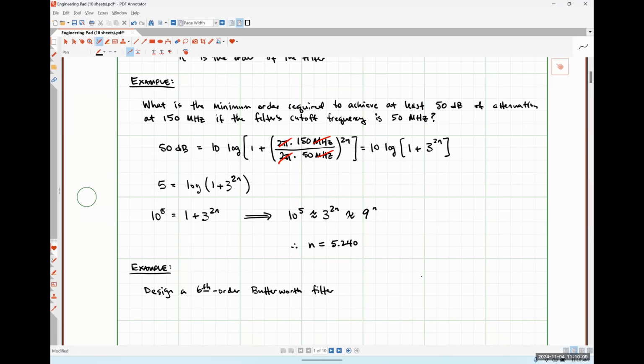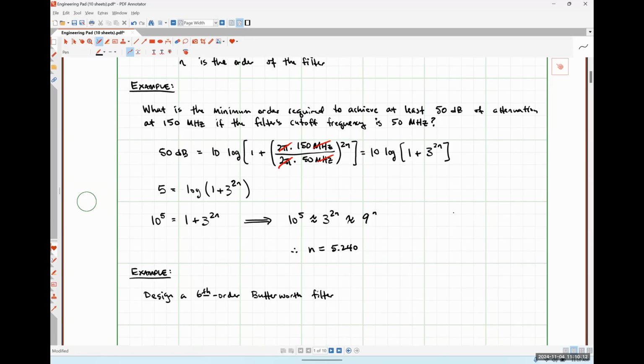In fact, let's do that really quickly, right? So if we just put in n is equal to 5, let me just do this as a quick thing here. So when n is equal to 5, we would have 10 times the log of 1 plus 3 to the 2 times 5.